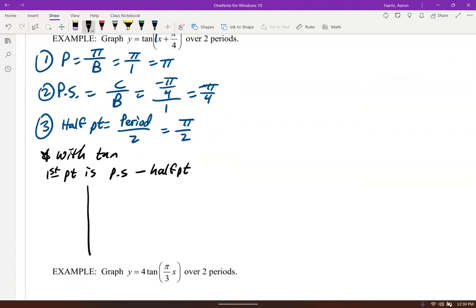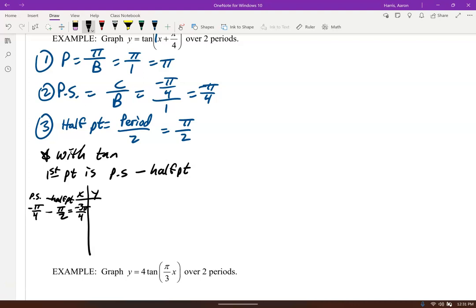So the first point, instead of starting at the phase shift, our phase shift is negative pi 4ths, and then minus our half point, phase shift minus half point. And what this will do is it'll give you your first vertical asymptote. So negative pi 4ths minus 2 pi 4ths is negative 3 pi 4ths. Okay?